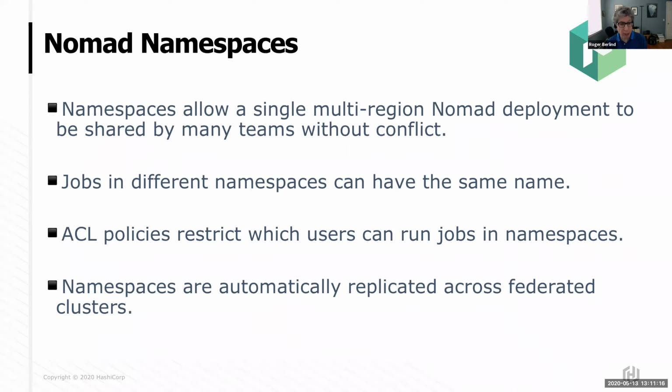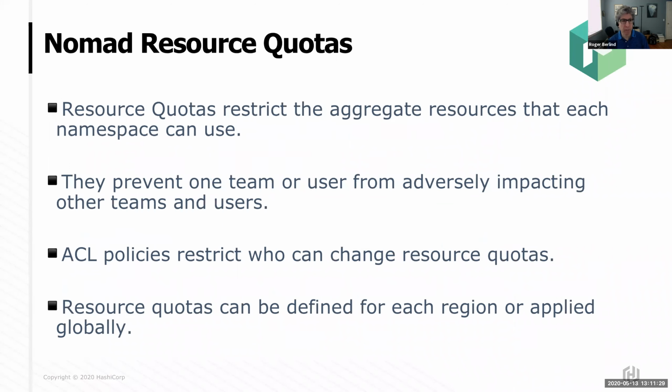Also, ACL policies are used to restrict which users can run jobs in different namespaces, and the namespaces are automatically replicated across federated clusters. So you create a namespace in one cluster, and it will be available in other clusters that are connected to it. Same thing with resource quotas. Resource quotas restrict the aggregate resources that each namespace can use.